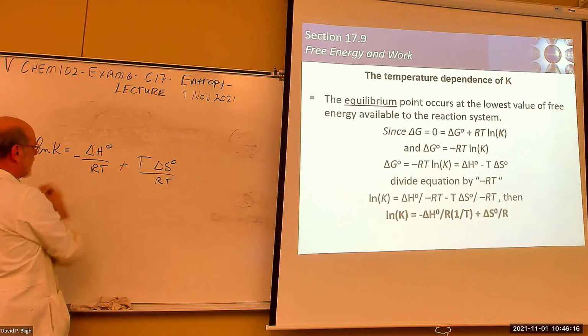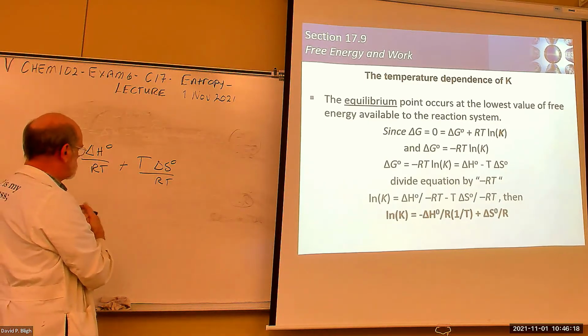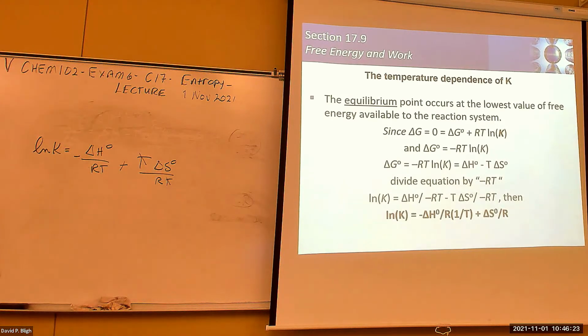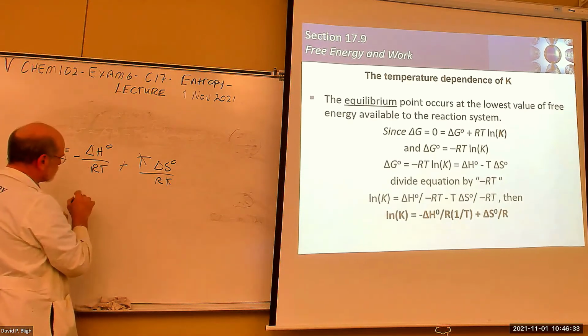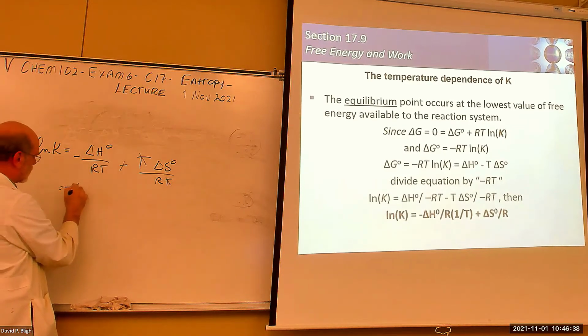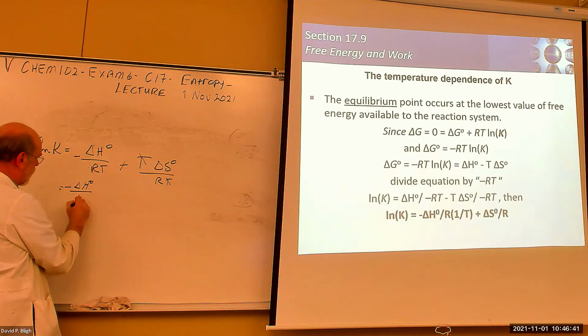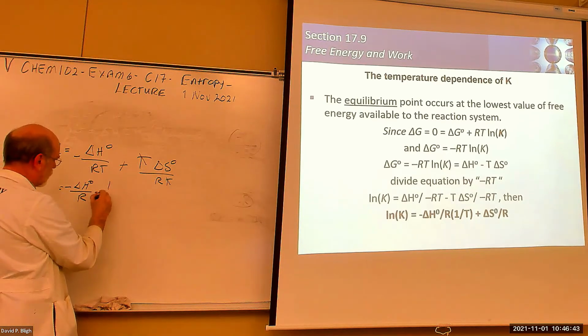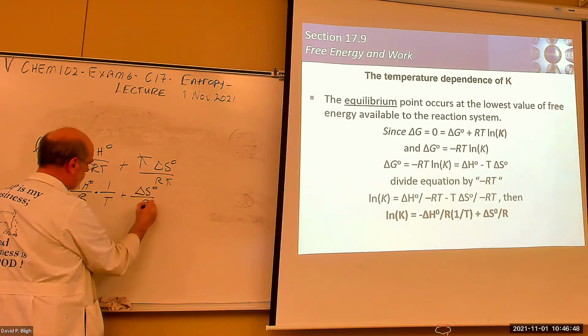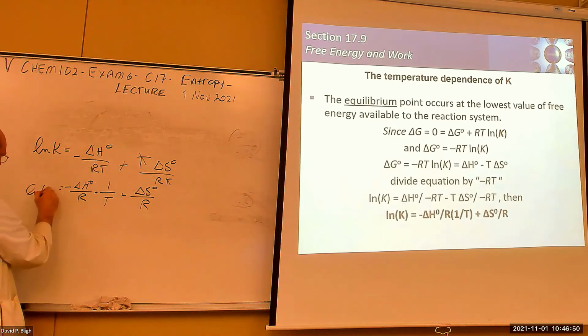This one is negative. This T cancels. Oh, okay. So let's pull this term out. Minus delta H0 over R times 1 over T plus delta S0 over R is equal to log K.